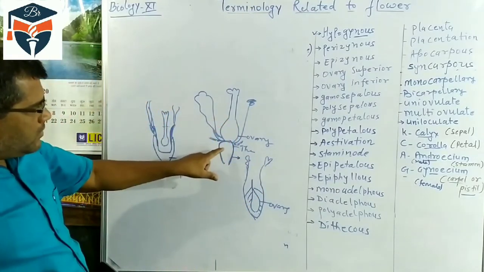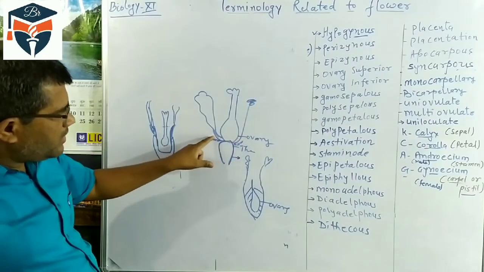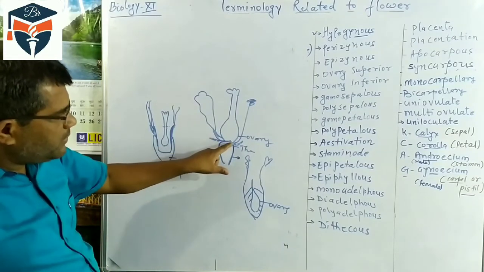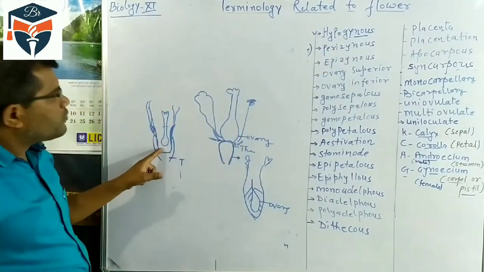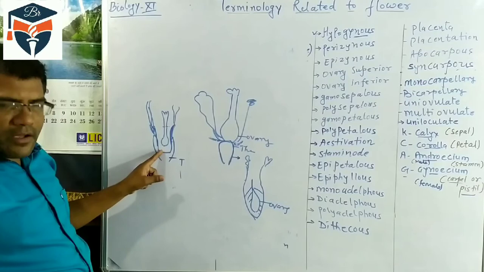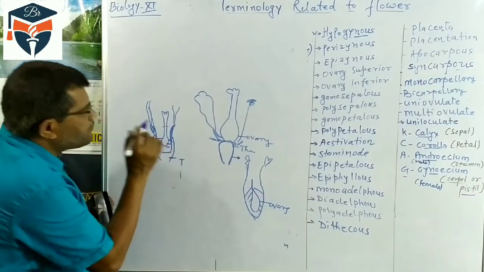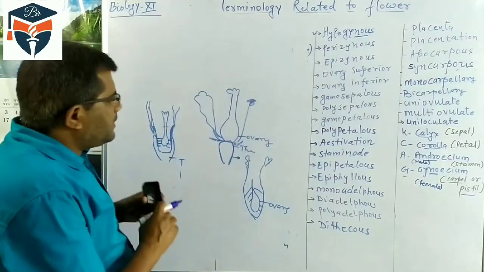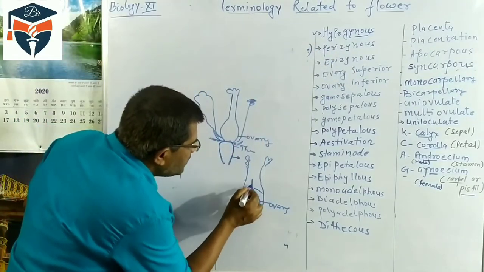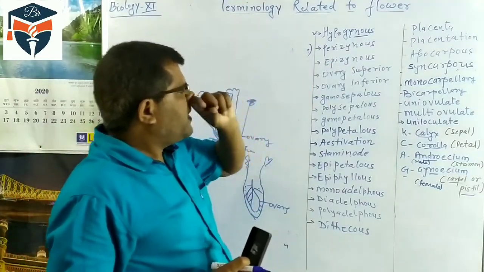Here the ovary is situated on the thalamus and the other parts arise from below the ovary. It is called hypogynous. Here the thalamus is a cup-like structure and the ovary is half inside the thalamus, that is perigynous, and here the complete ovary is inside the thalamus. It is called the epigynous flower.